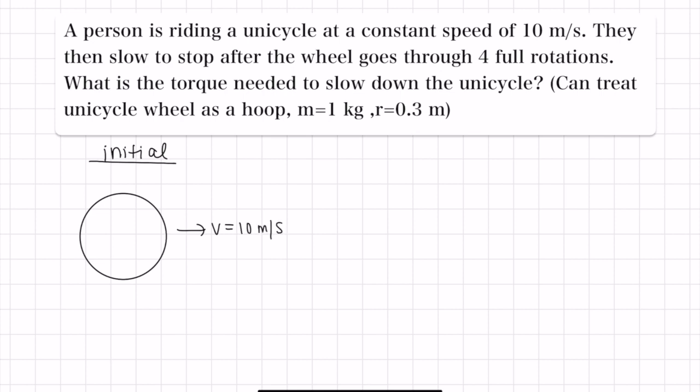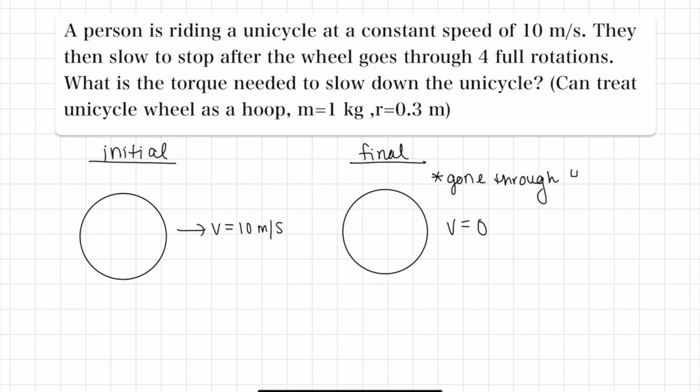And then we will also have our final state where our wheel is stationary, so v equals 0, but we've gone through, and we don't really have a variable for the number of rotations, so I'll write that we've gone through 4 full rotations.